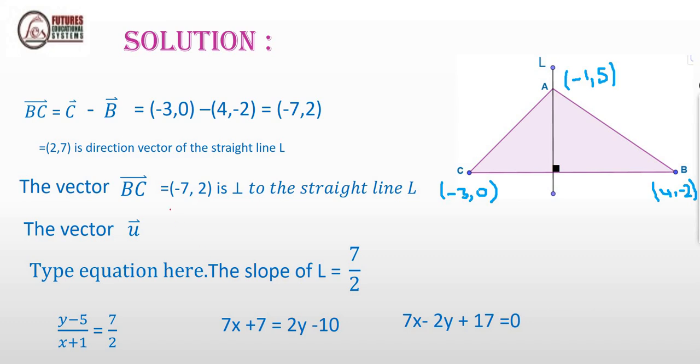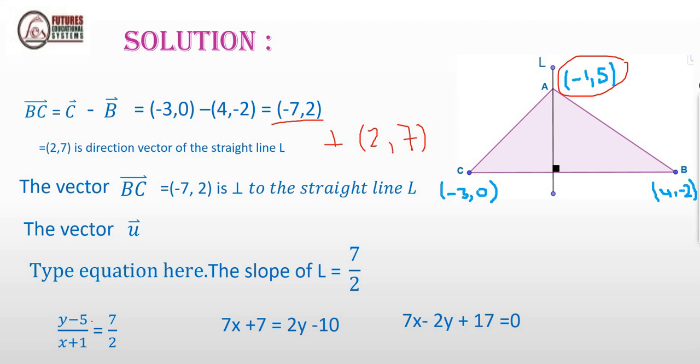If the vector equals (negative 7, 2), therefore the perpendicular vector is obtained by changing the places of x and y and changing the sign. Therefore, we have the point (negative 1, 5).